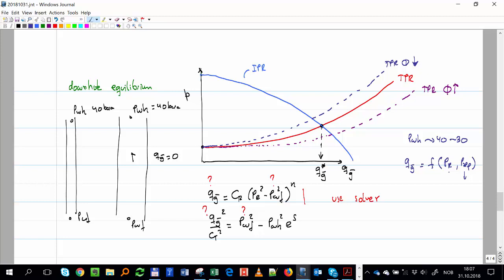Let's say here, if I put now 30, what will be the static pressure? Will it be higher or lower than for 40? If I have 30 here and no flow, the pressure here is going to be higher or lower than when this pressure was 40?